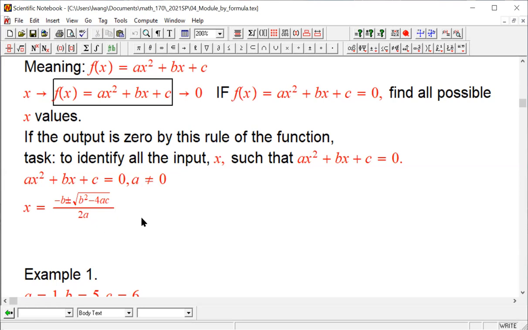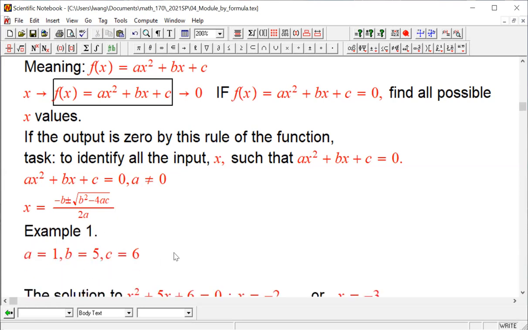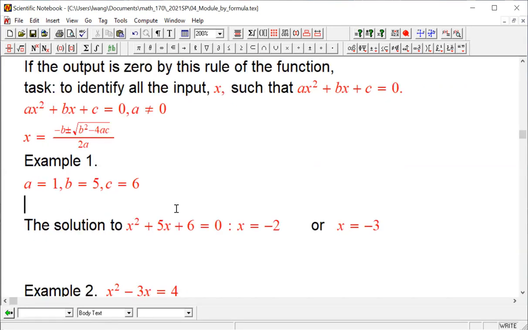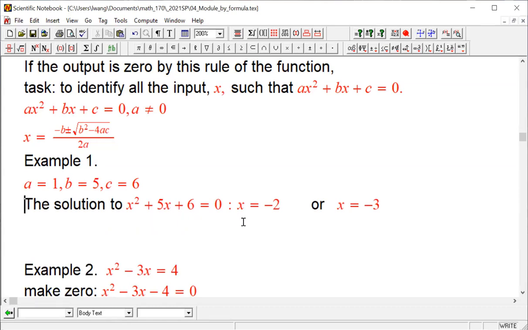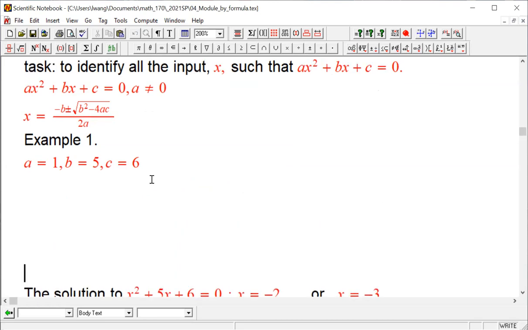So here, let's look at some examples. In the example of x squared plus 5x plus 6 equals 0, we can use the quadratic formula to find the solutions. We have the quadratic equation, where a is 1, b is 5, c is 6.